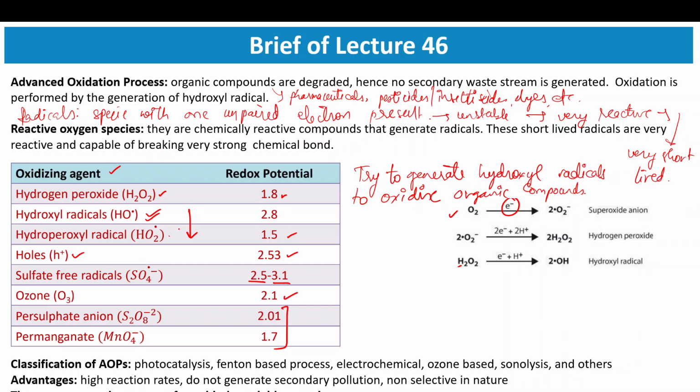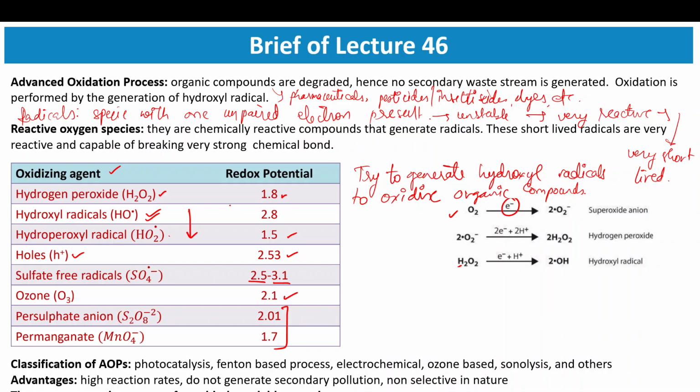So here is the list of a few very common oxidizing agents that can be used, and their corresponding redox potentials are also mentioned. One of the important oxidizing agents you see from the redox potential is hydroxyl radical, right?